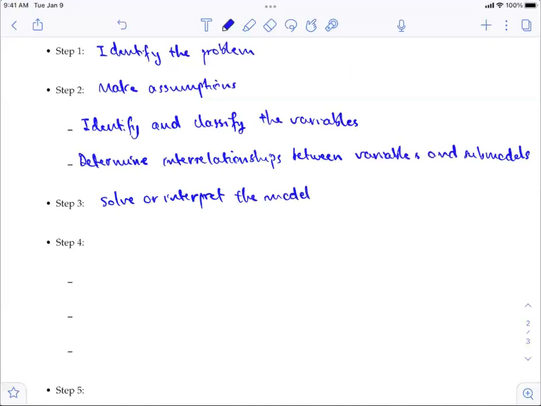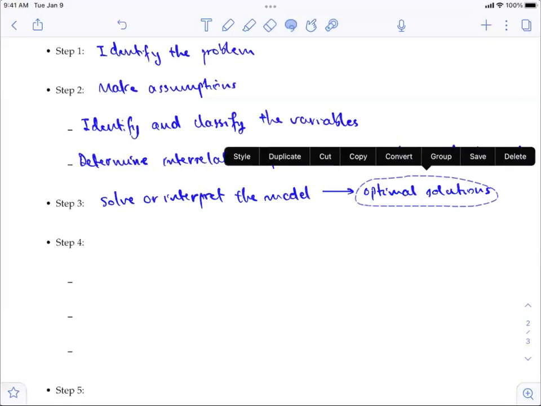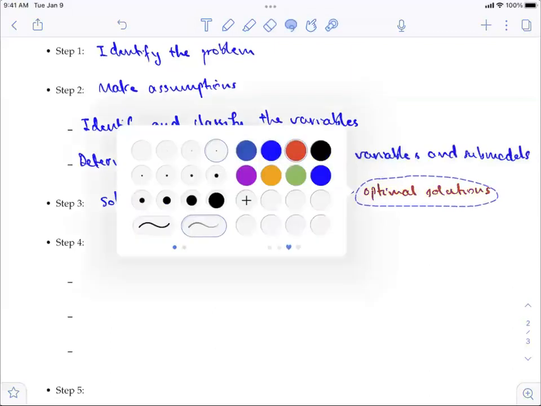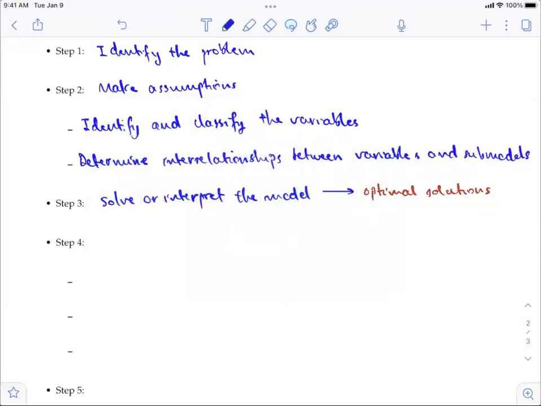And most of the time, the solutions that you look for are called the optimal solutions. You want to find the best solutions. Right, so optimal solutions. And let me change this color to red. So just want to highlight the importance of the optimal solutions.